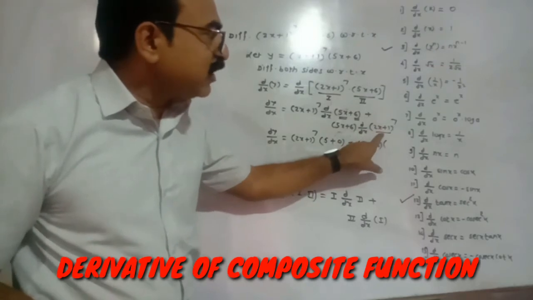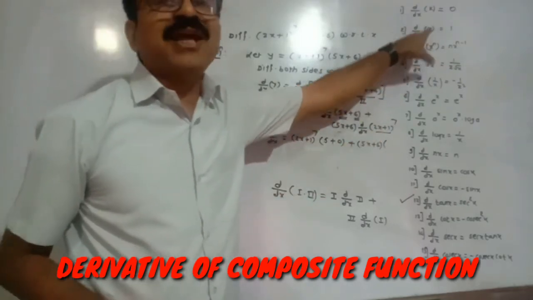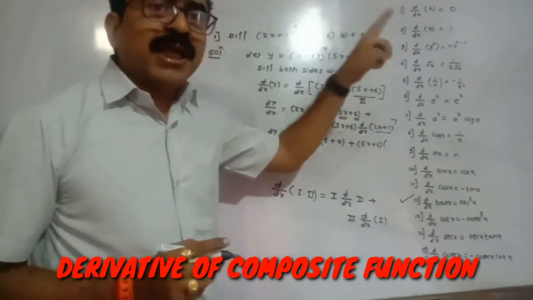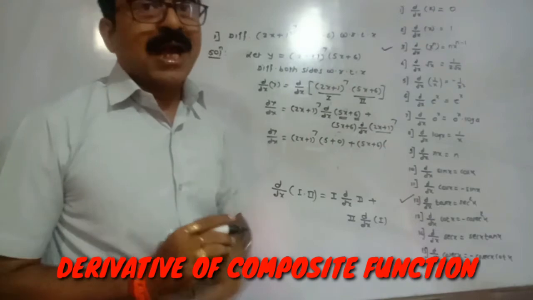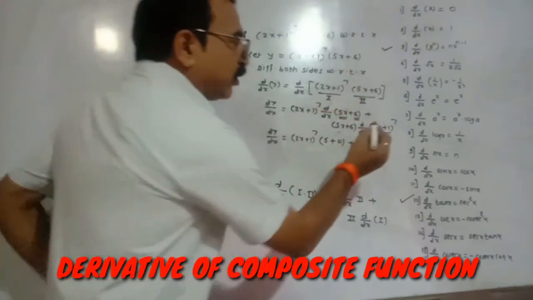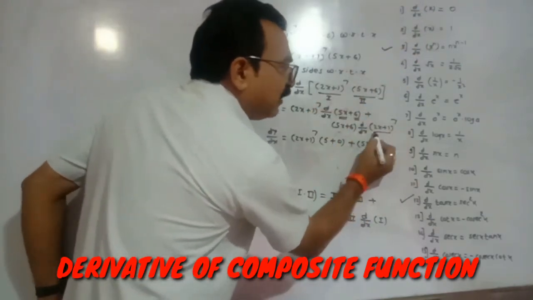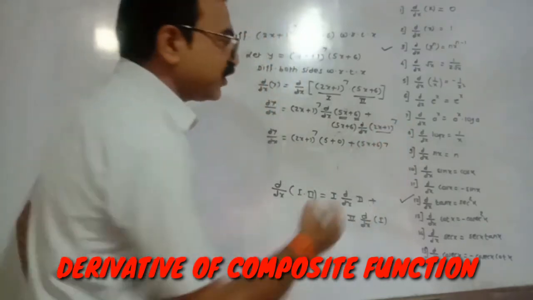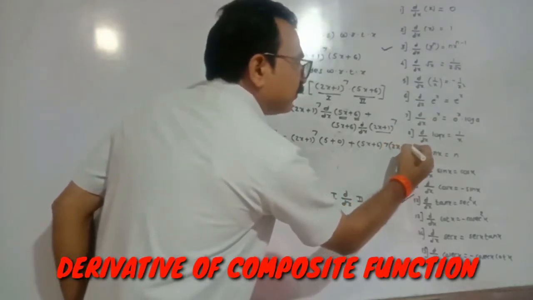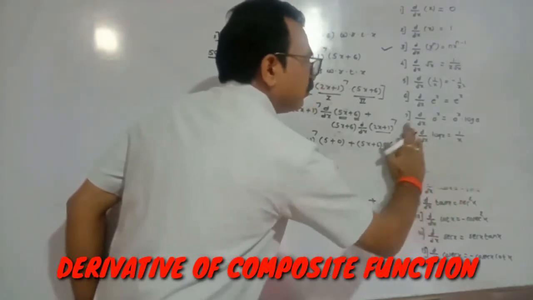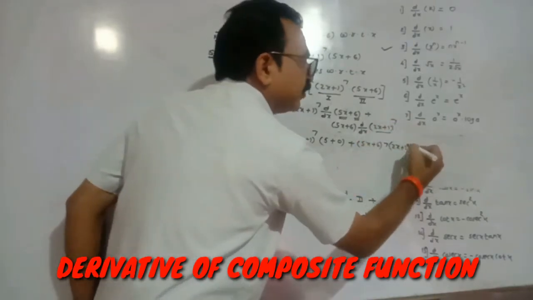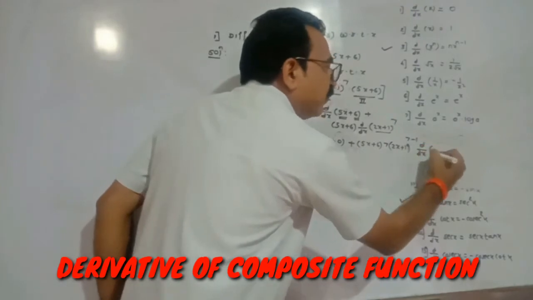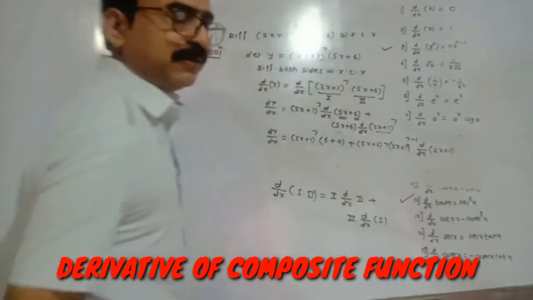Okay, so friend, this function matches with the derivative of x raised to power n, and according to the derivative of x raised to power n, take the power as a coefficient and reduce its power by 1. So here, for the derivative of (2x + 1) raised to power 7, take this 7 as a coefficient, multiplied by (2x + 1) raised to power 7 minus 1, multiplied by the derivative of the bracket, that is (2x + 1).